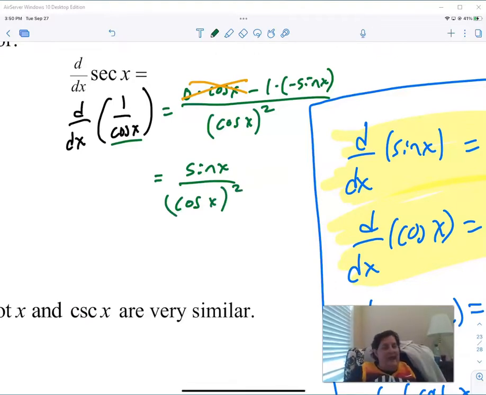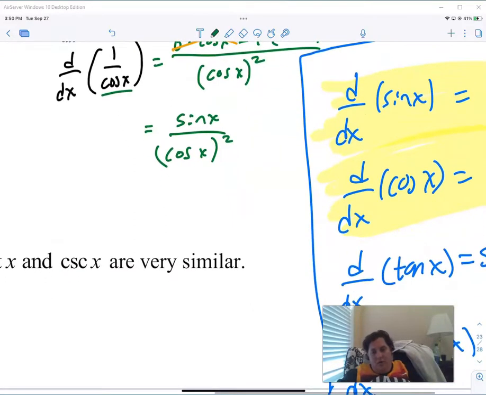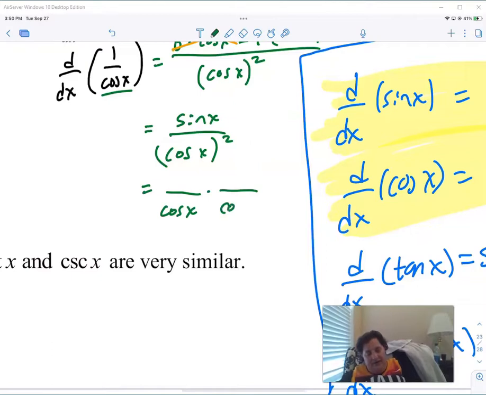That's just not how we say it. When we say the derivative of secant, we don't say sine over cosine squared. We don't say that, right? Here's what we do. Ooh, it's so tricky. Okay, we split this up into 2 separate fractions. We put a cosine there and a cosine there because we had squared. I'm going to put the sine there and I'm going to put a 1 there. Okay, big brain moment here, friends. What's another way of saying 1 over cosine?